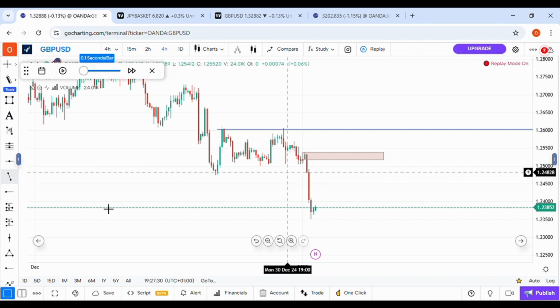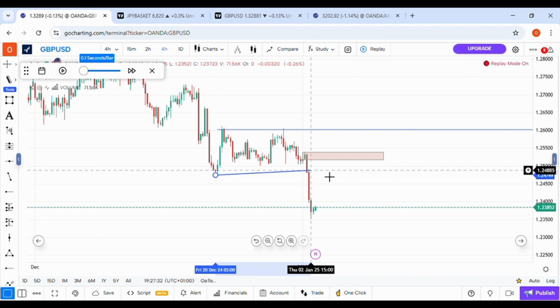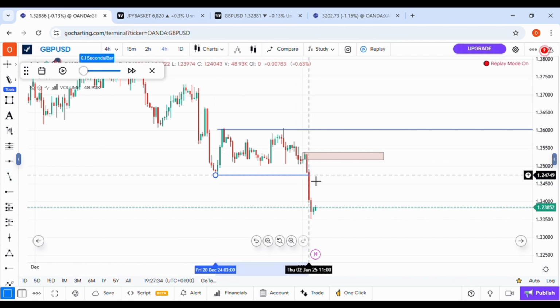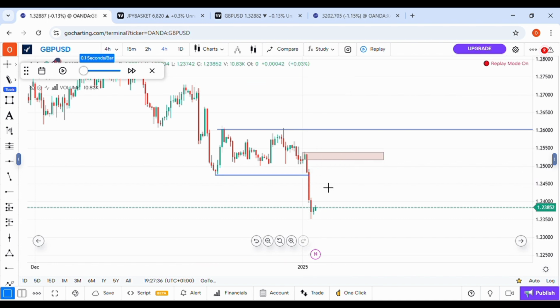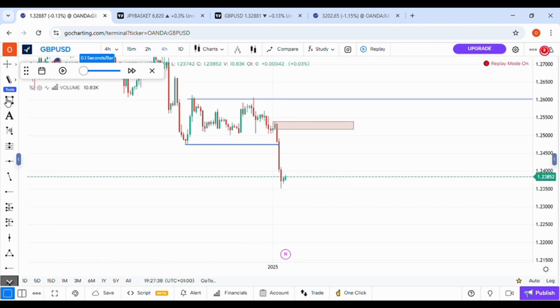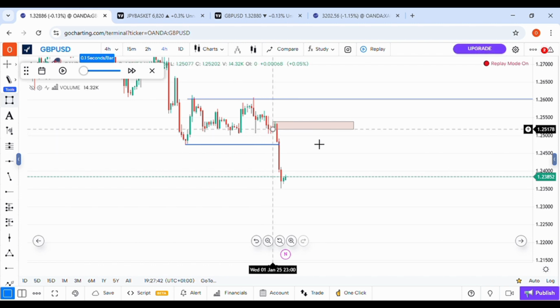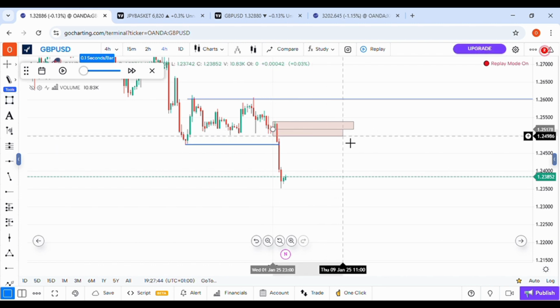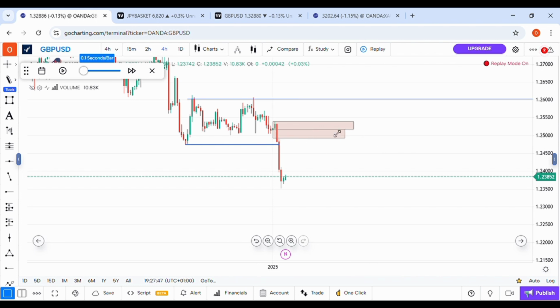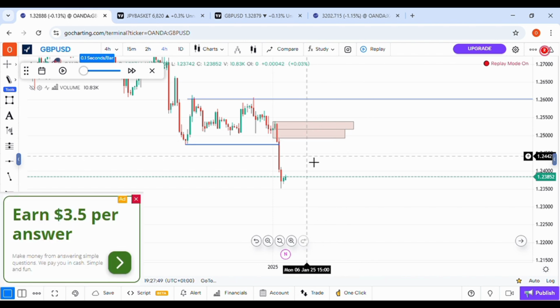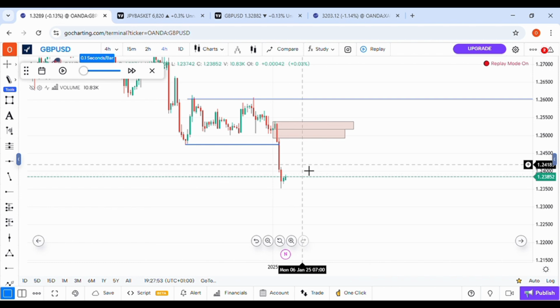So now this is our order block, this is our break of structure, price breaks structure to the downside, and this is our fair value gap. You can see these are fair value gaps, making this order block a very strong one. So therefore, you can take your sell order from this order block.